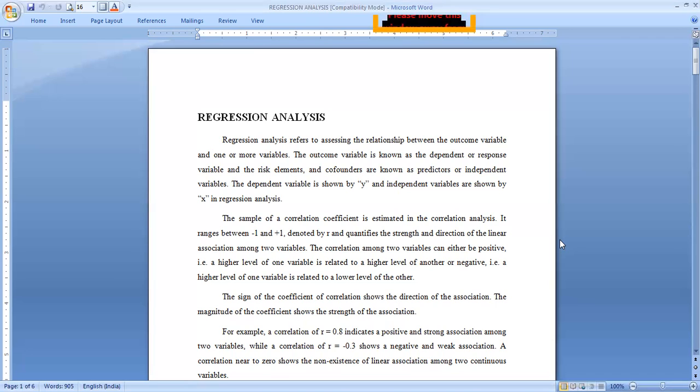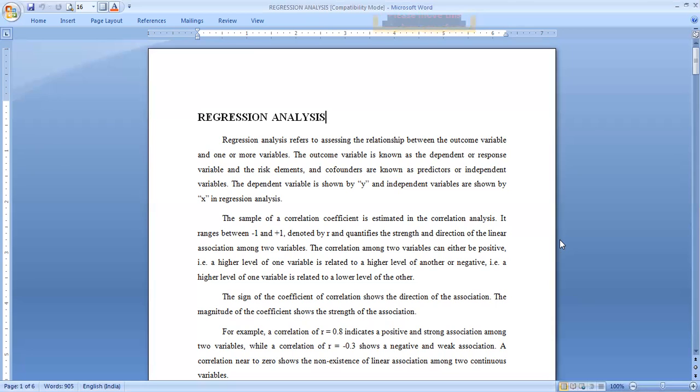So that means R equal to -0.3, due to the negative sign, shows a negative and weak association, while R equal to 0.8, which is a positive value, indicates a positive and strong association among two variables.